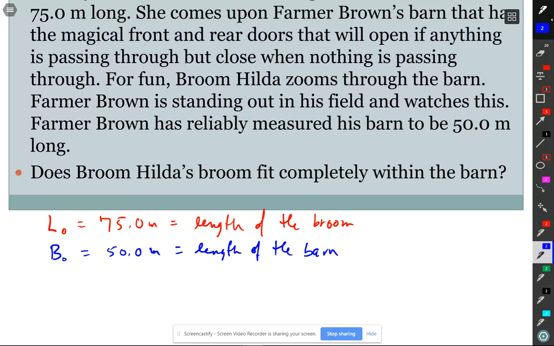And so Farmer Brown sees her going through. And now we have a little bit of a fun question. Does Broomhilda's broom fit completely within the barn?